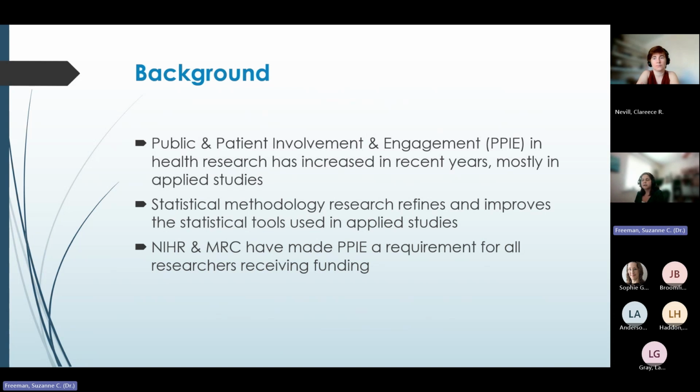So NIHR and MRC are two big funders in the UK for statistical methodology research, and both those funders have now made PPIE a requirement for their researchers receiving funding. So going forward, that should mean that more statistical methodology research projects have PPI involvement.